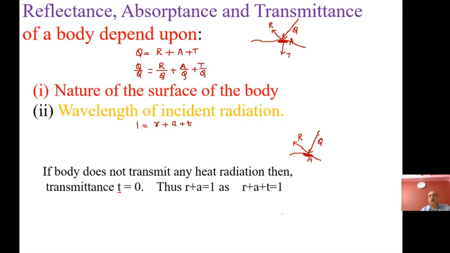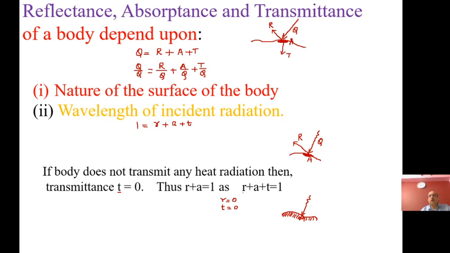Now if any object is neither reflecting nor transmitting, it is absorbing all the amount of heat coming from radiation, then we say R is equal to 0, that is reflectance is 0, the transmittance is 0.